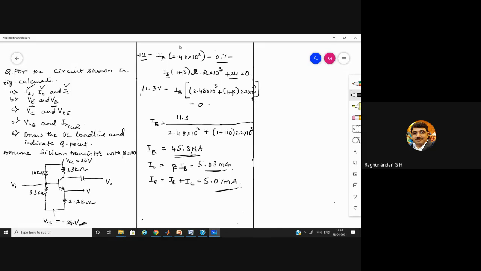If I take this as VE, can I apply KVL like this? Can it form a loop?